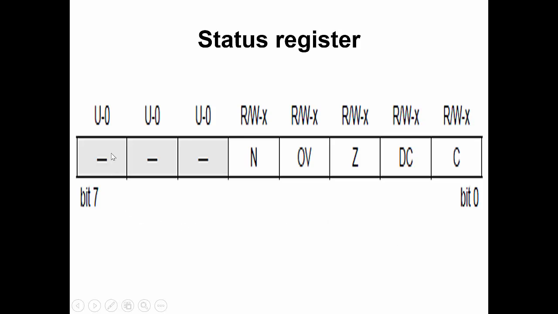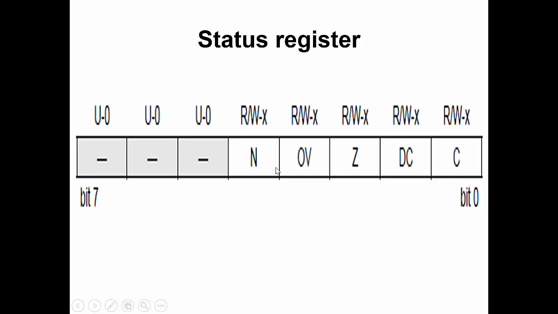So let us look on. This is an 8-bit register. This is the bit configuration starting from bit 0 to bit 7. Bit 0 stands for C, that is carry, bit 1 stands for DC, bit 2 stands for Z, bit 3 stands for OV, that is overflow, and this is N for negative.